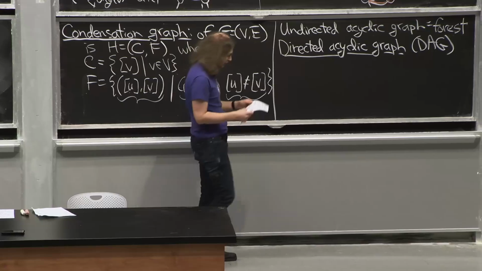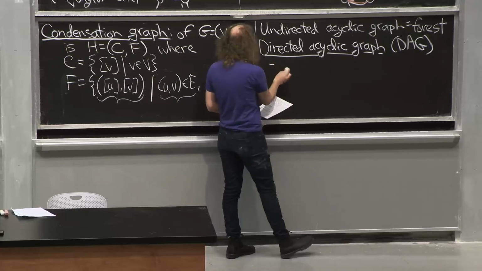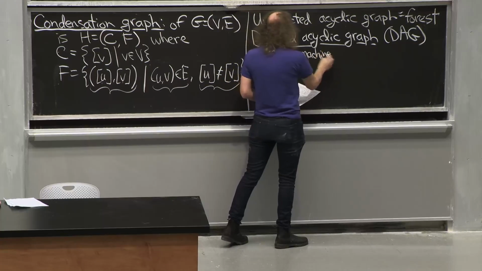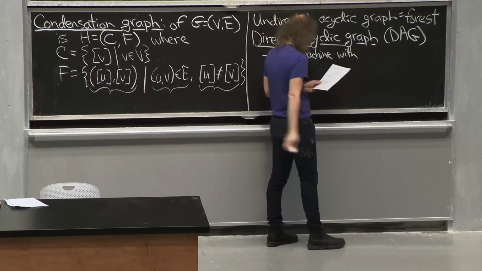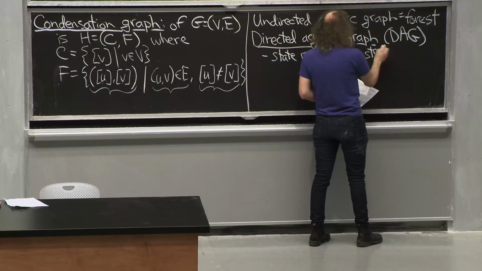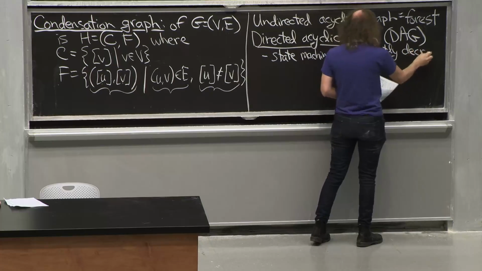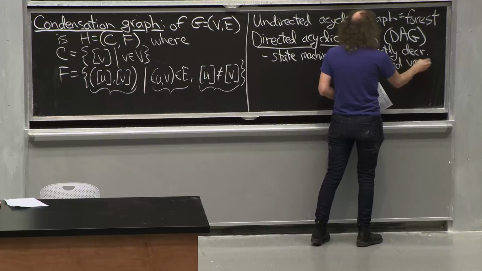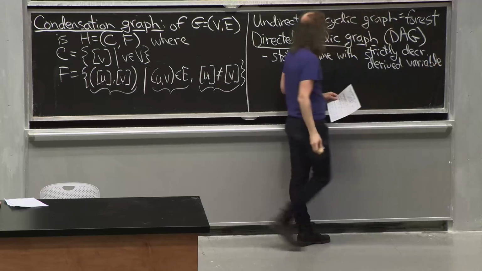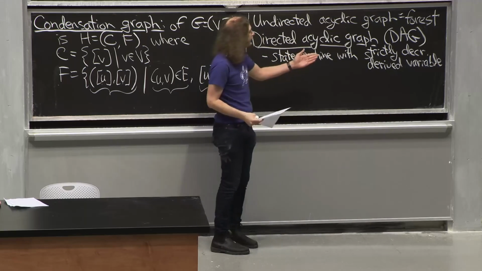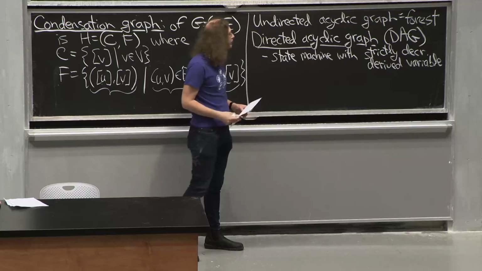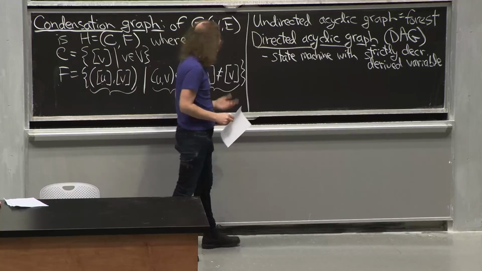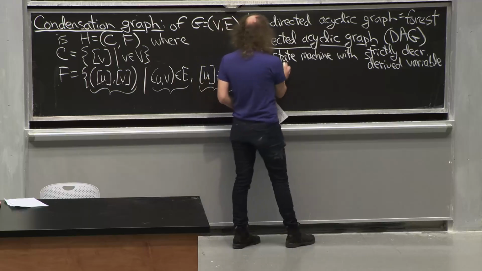Maybe not all terminating state machines, but the ones with the method we use to prove them, in particular those with a strictly decreasing derived variable. If it's strictly decreasing, then you can't make any cycles. I think even conversely, if you made a cycle, then repeating that cycle over and over would be a non-terminating execution. So indeed, terminating state machines.